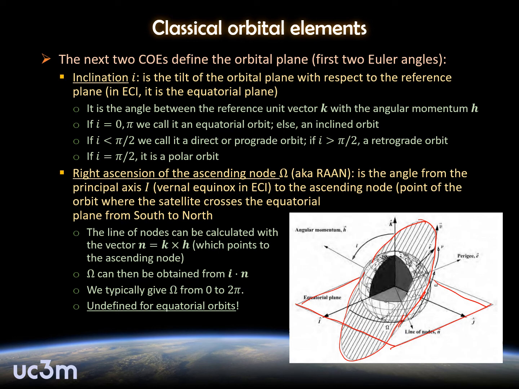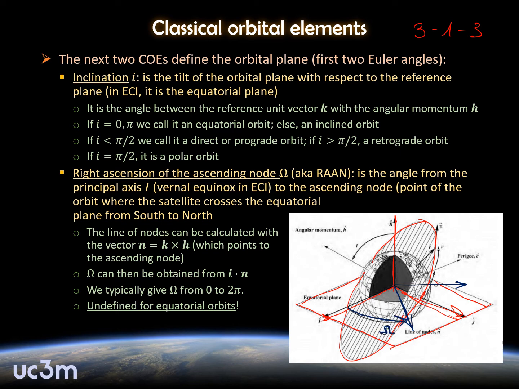Now, the Euler angles that we are going to use are of the type 3, 1, 3. So the first rotation happens about the vertical axis. That brings the initial axes, which are here, into this auxiliary axes. The angle of rotation over here is what we call capital omega.